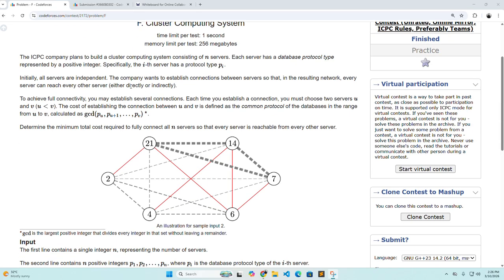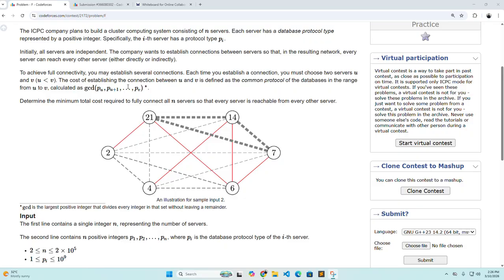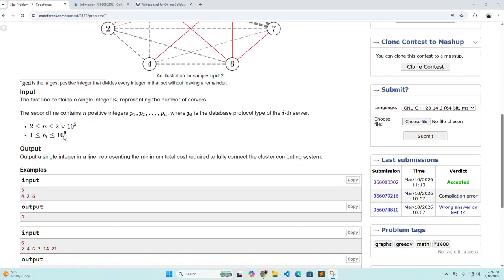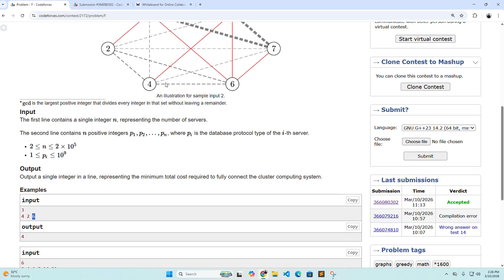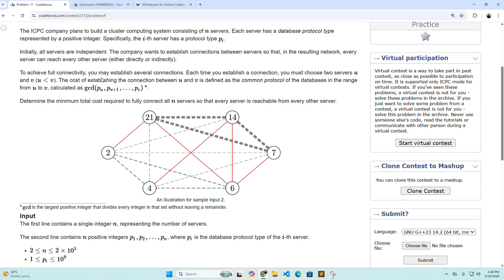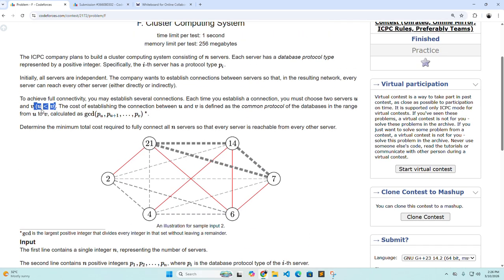I will simply tell you what the problem states: you are given a permutation and you need to connect them. To connect, you need to add some edges, and the weight of an edge is as follows: if you connect u and v, where u must be less than v, the total cost of the edge will be the GCD of the permutation at index u to the permutation at index v.